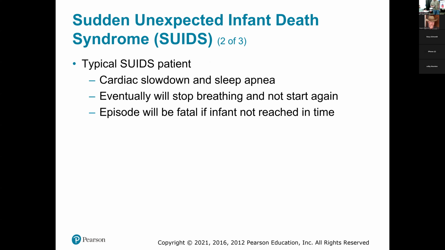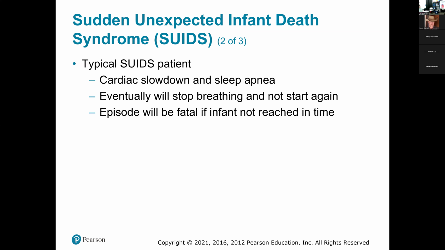typical patient, cardiac slowdown, sleep apnea. So these children basically, their hearts slow down, they stop breathing at night, eventually stop breathing altogether, and it doesn't start again. The episode will be fatal.